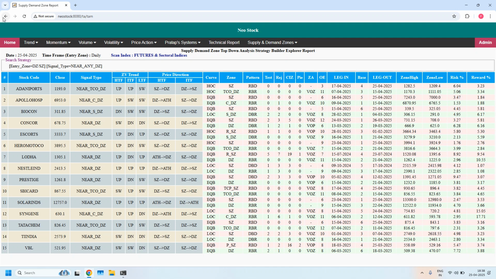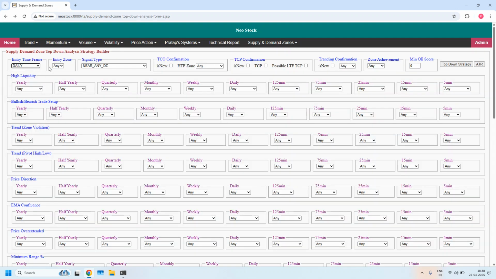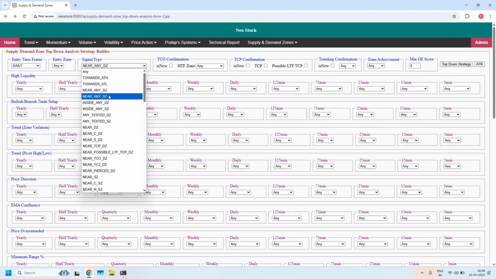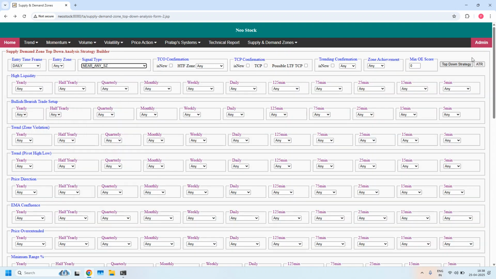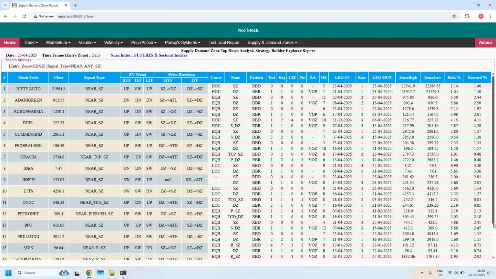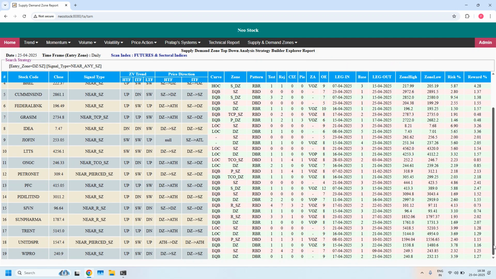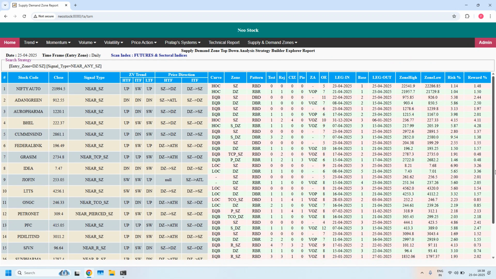Okay, next, for daily time frame, let us find the stocks near to the daily supply zone. We got 19 stocks. First 15 stocks in the list. Scrolling the list down.